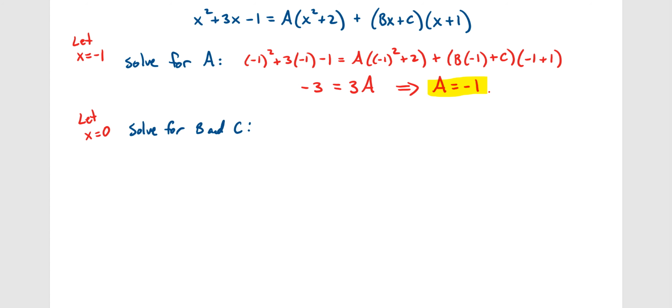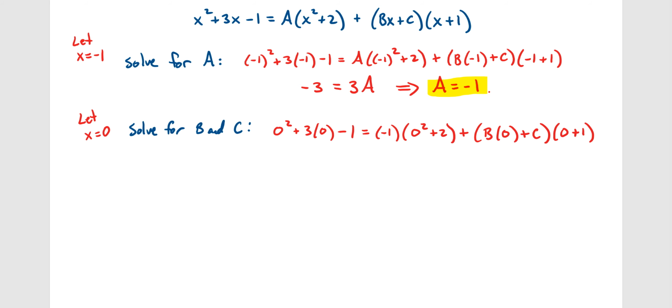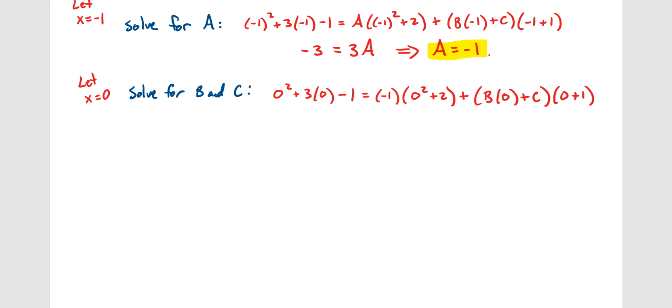So that gives us 0 squared plus 3 times 0 minus 1 equals a, which is the -1 that we just found, so we can plug that in: a times 0 squared plus 2, plus b times 0, plus c times 0 plus 1. Now we can solve this for c.